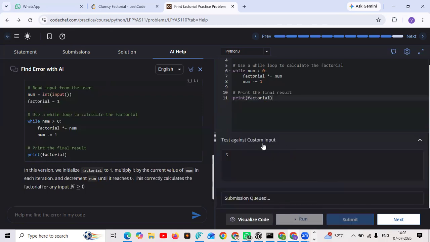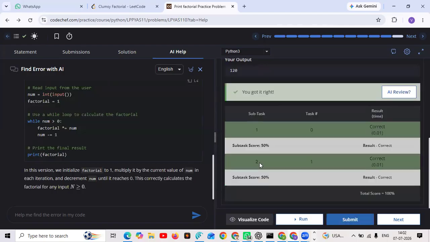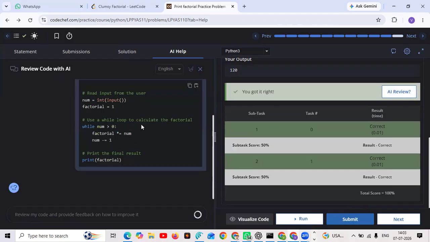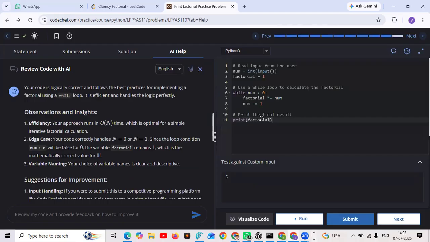I never used CodeChef before, so here I got it right and my subtask is correct, and then the protocol is a 100% AI review. Everything was logically correct and followed the rules because it wants you to use the loop. It has its own specifications that it wants me to use the loop.